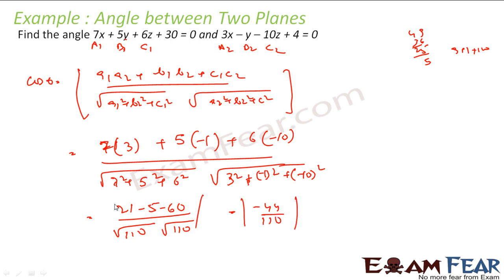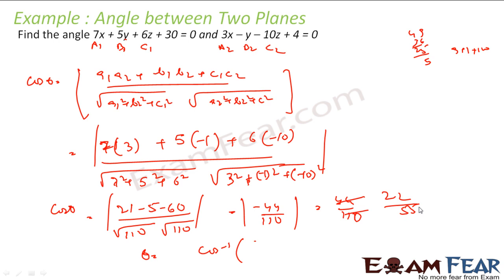And we take the mod of this, right? So this is 44 by 110. This is cos theta. So theta is cos inverse of 44 by 110. I can make it 22 by 55 also, and I can make this 2 by 5 also. Cos inverse of 2 by 5. And that is my answer.